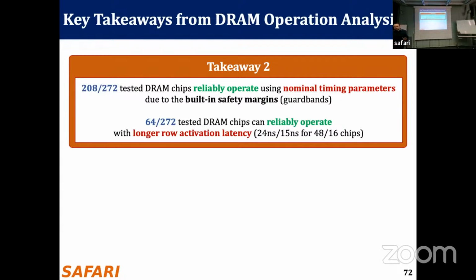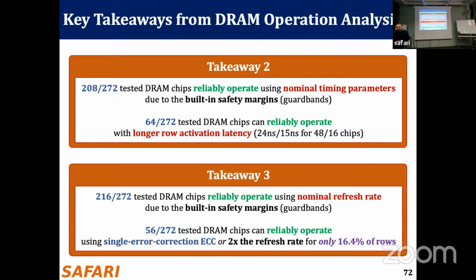So we observed that most of the tested DRAM chips still reliably operate when we reduce wordline voltage by using nominal timing parameters. And for the remaining chips, if we increase the activation latency a little bit, they can still reliably operate. And we also look at how the retention time changes.